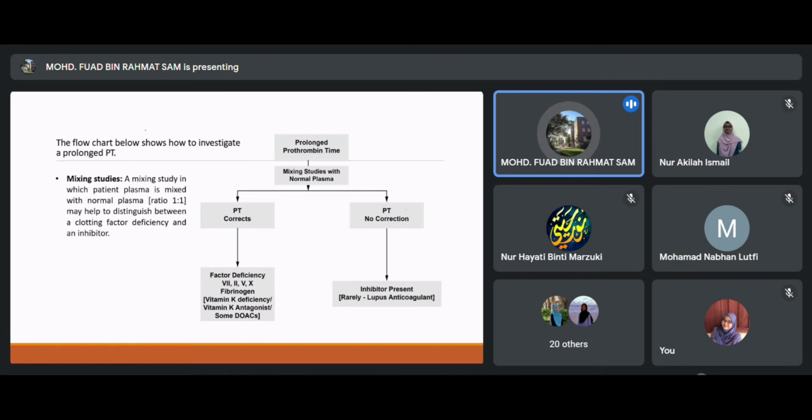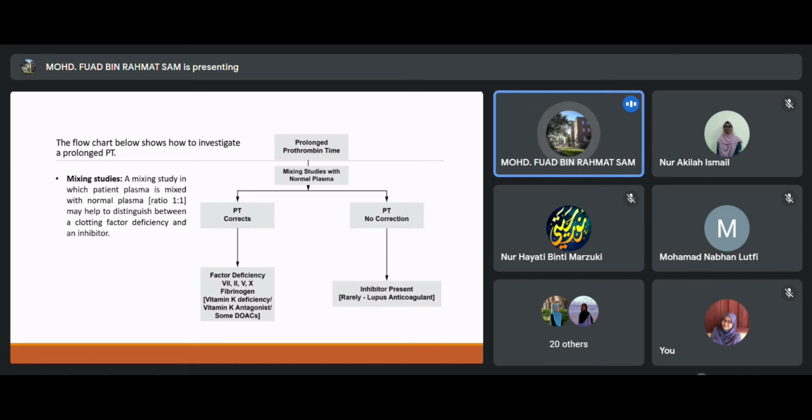So this flow chart shows how to investigate a prolonged PT, prolonged prothrombin time. So kalau ada berlakunya prolonged prothrombin time, we will proceed with the mixing study, or we call it a correction study. So when the PT is prolonged, a correction study is performed by mixing equal parts of the test plasma and the control plasma and repeating the test with the mixture.